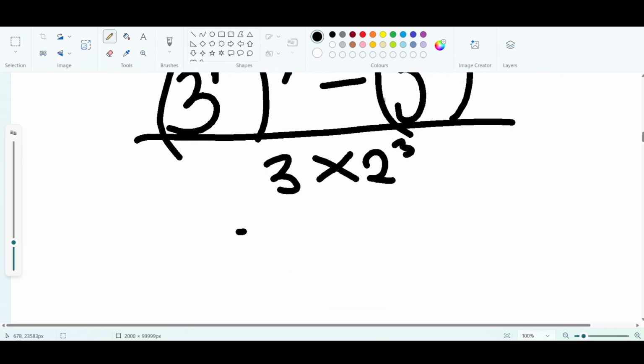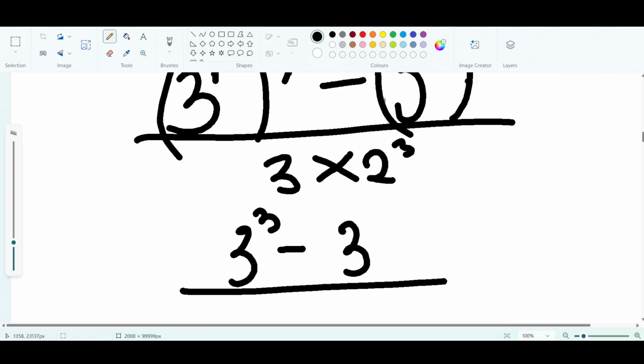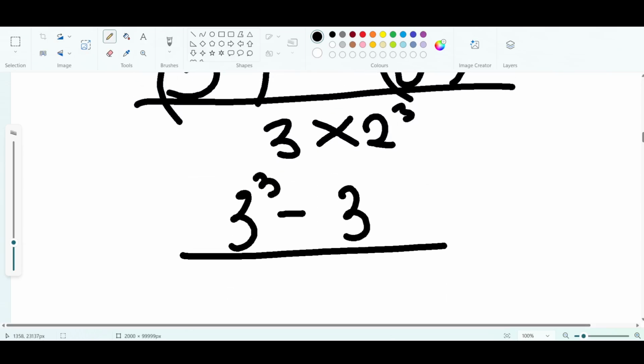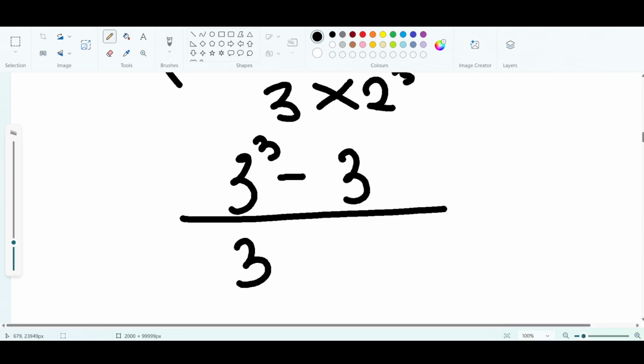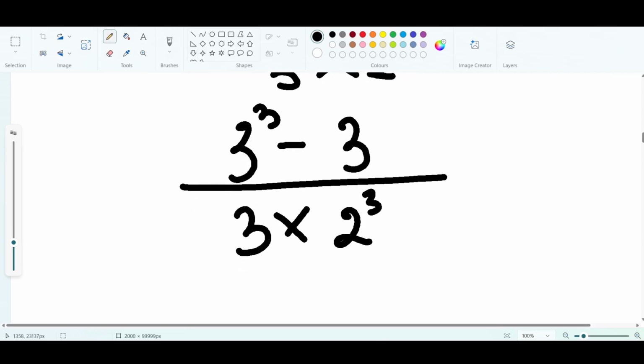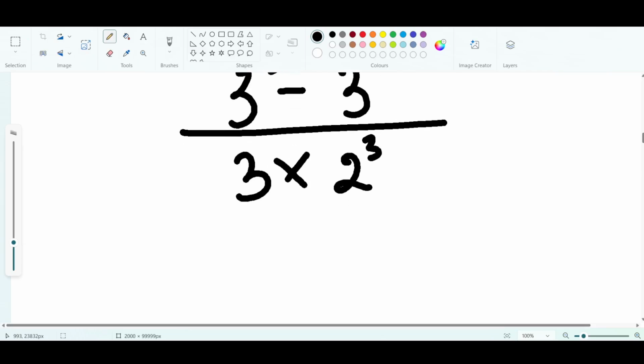So 3 raised to power 3 minus 3 raised to power 1, and this one is of course 3 times 2 all over 2 raised to power 3. So if you look at this very well, what we can do here is just 3 raised to power 3 is 27, minus 3.